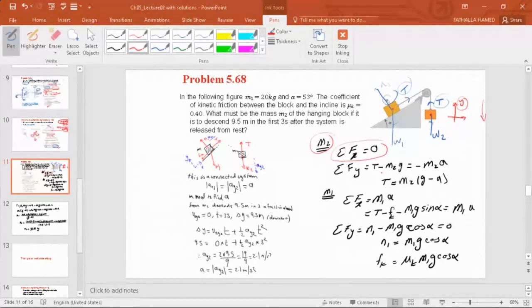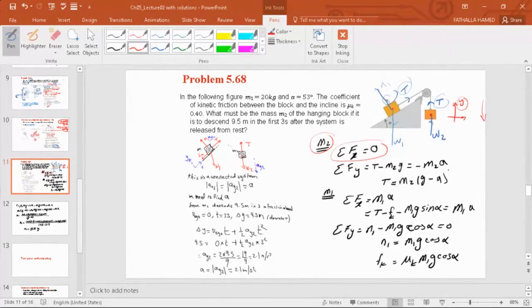For the Y, I have T acting up, minus m2 g acting down, and I put a minus sign here because the acceleration is downward, which is equal to minus m2 a.